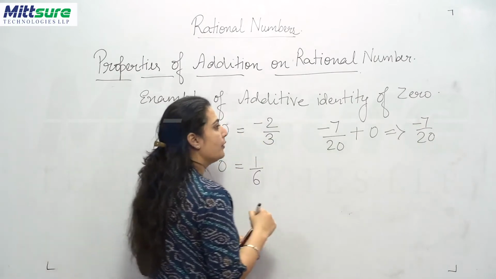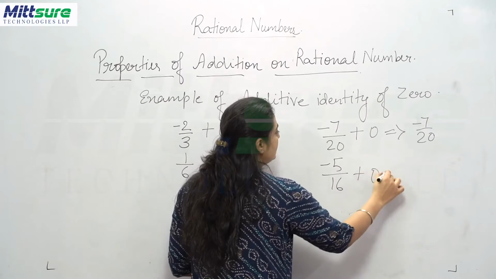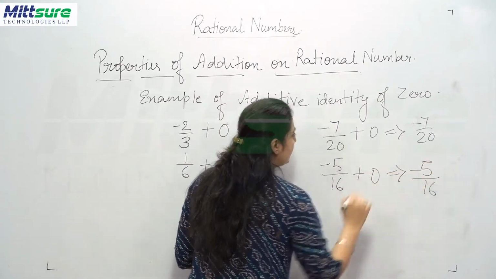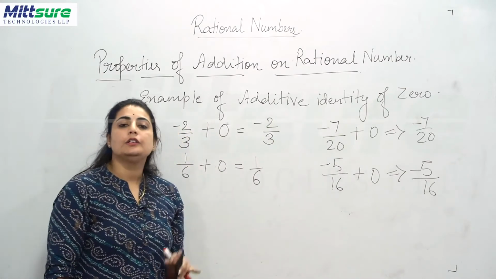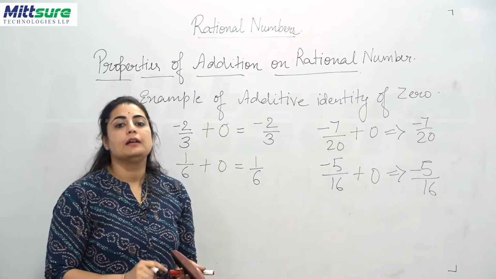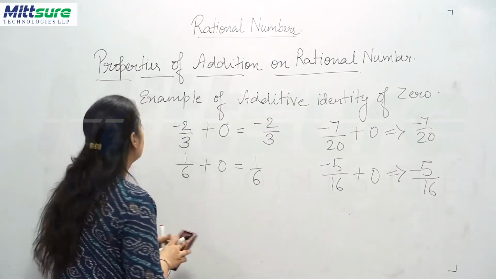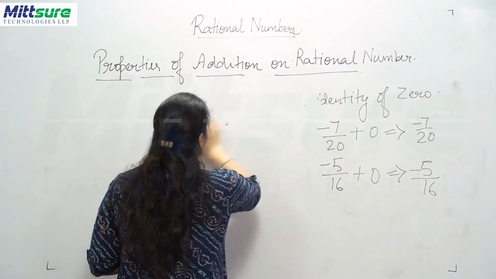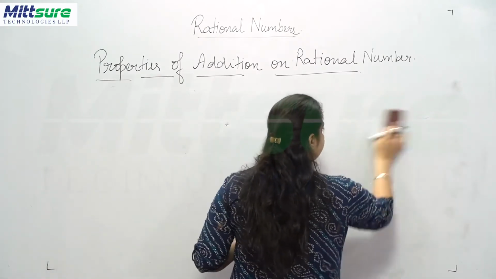Let's take one more, minus 5 upon 16 plus 0 gives you minus 5 upon 16. So this is how in all the cases, whenever to any rational number 0 is added, the sum remains the number itself.